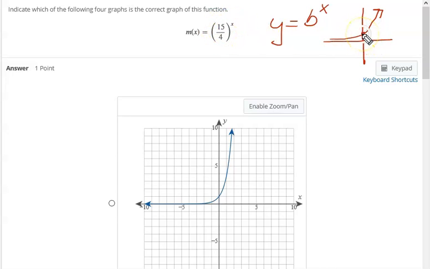So it goes through 1 on the y-axis. So this is going through 1. So this is a possibility.